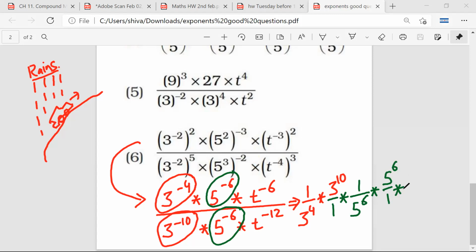This t raised to power minus 6 can be written as 1 upon t raised to power 6. Is it okay? This t raised to power minus 12 can be written as t raised to power 12 upon 1. Is it okay?